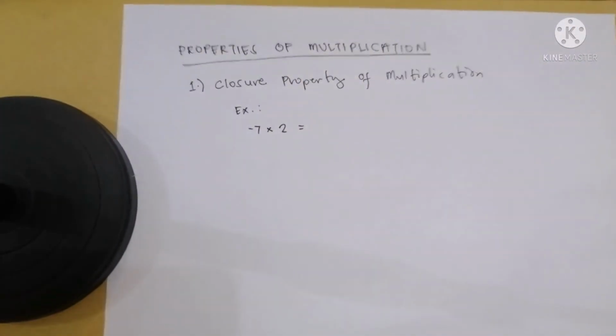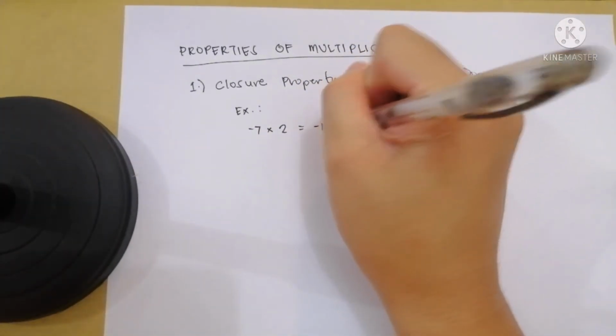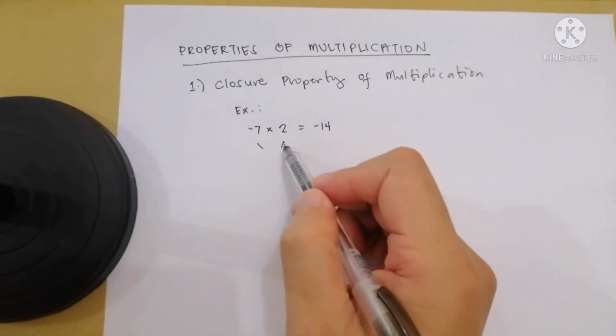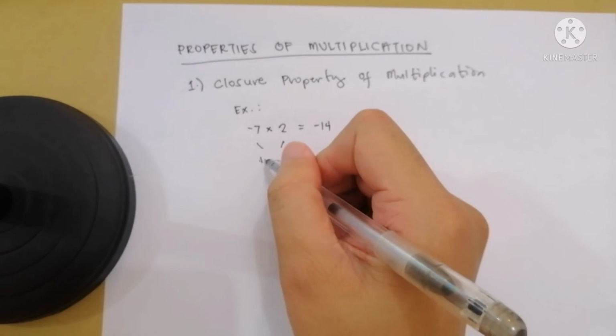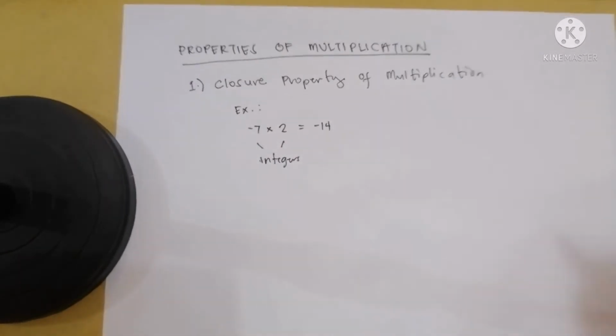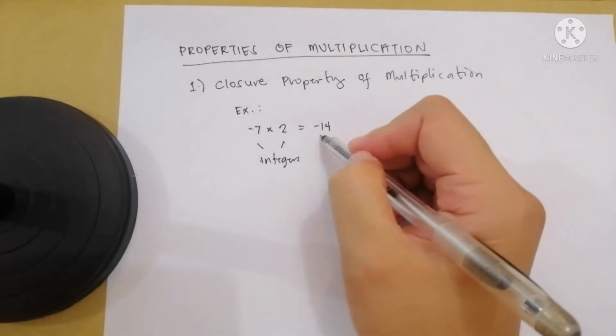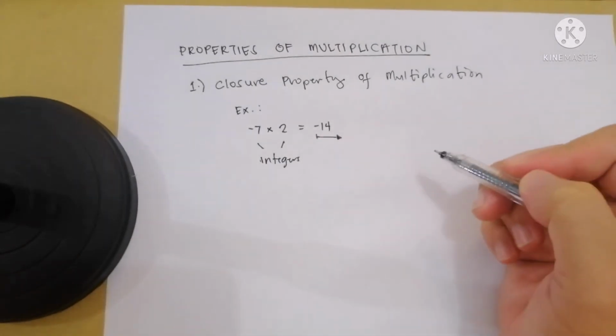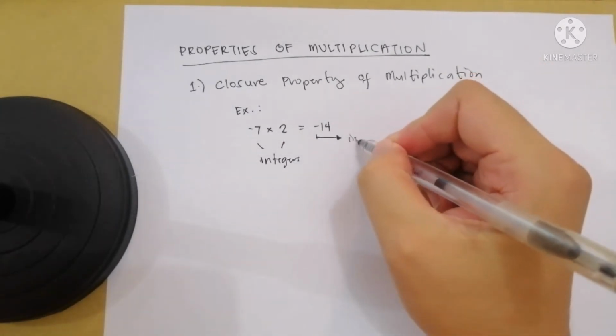That is equal to negative 14. Negative 7 and positive 2 are examples of integers, and its product, which is negative 14, is also an integer.